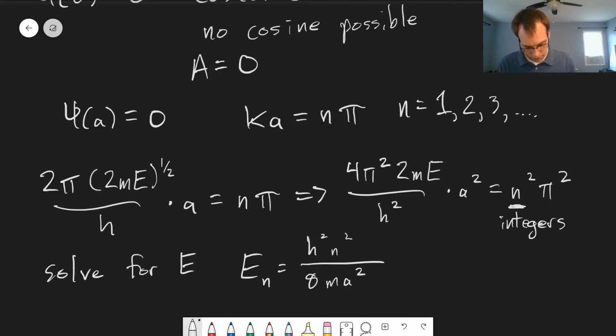Because we're going to see a bunch of things cancel out, right? Our pi squareds are going to cancel out specifically. So these are the possible energies of a particle in a box. And that energy is quantized. It can only come in specific increments.